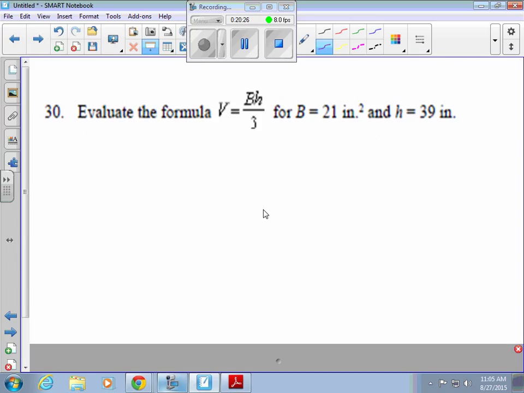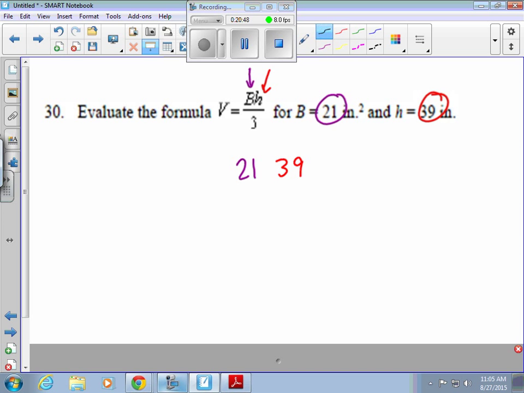Then number 30 tells you to evaluate the formula V is equal to B times H divided by 3, when B is 21 square inches and H is 39 inches. So in place of B, we're going to plug in or sub in 21. And in place of H, we're going to sub in 39.